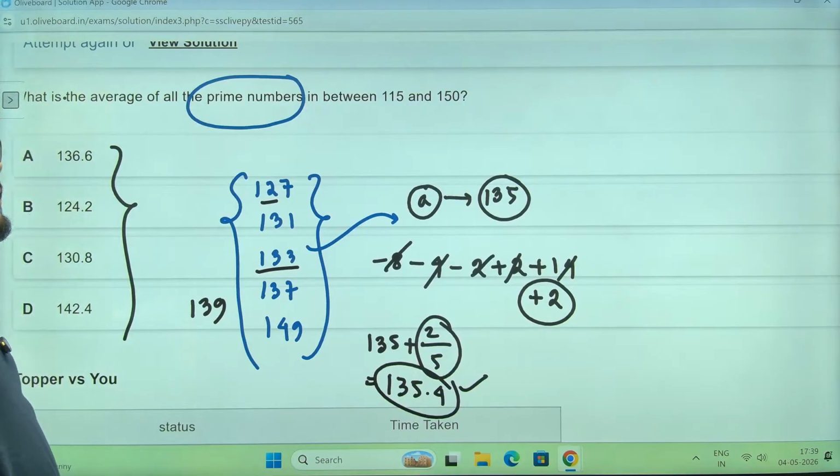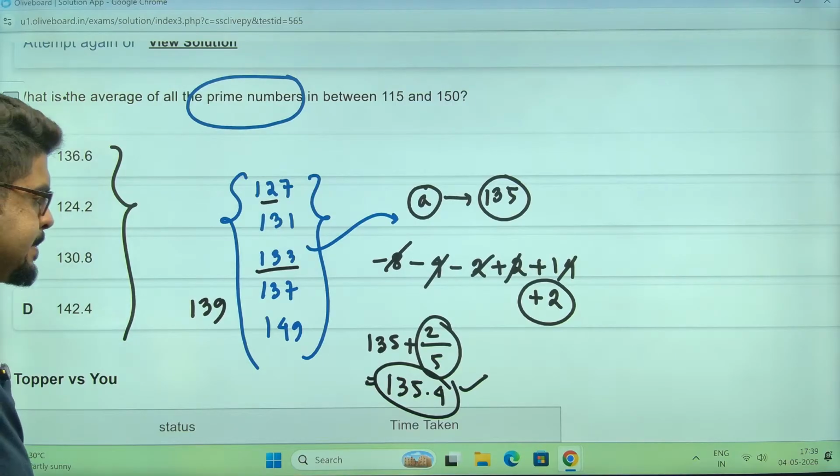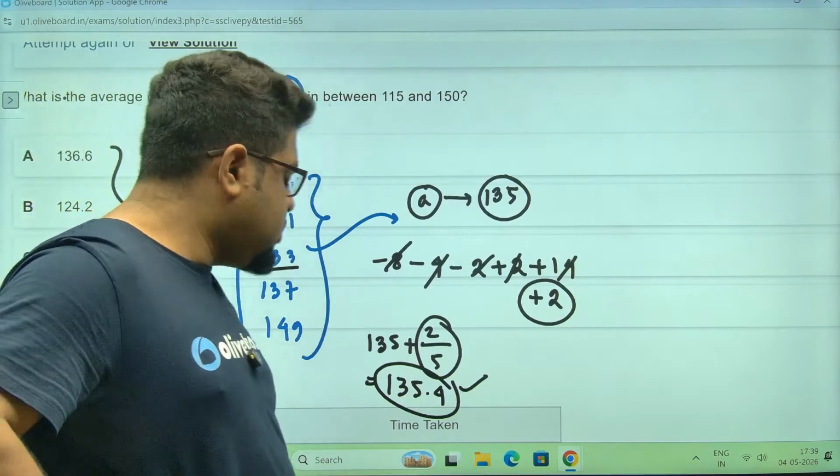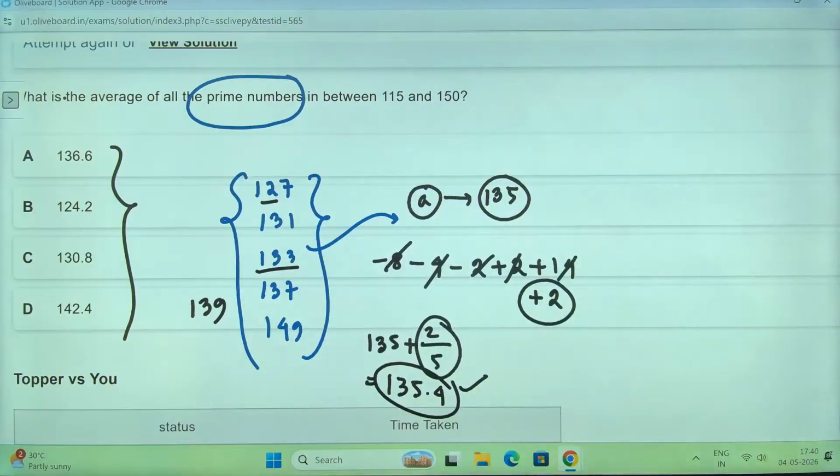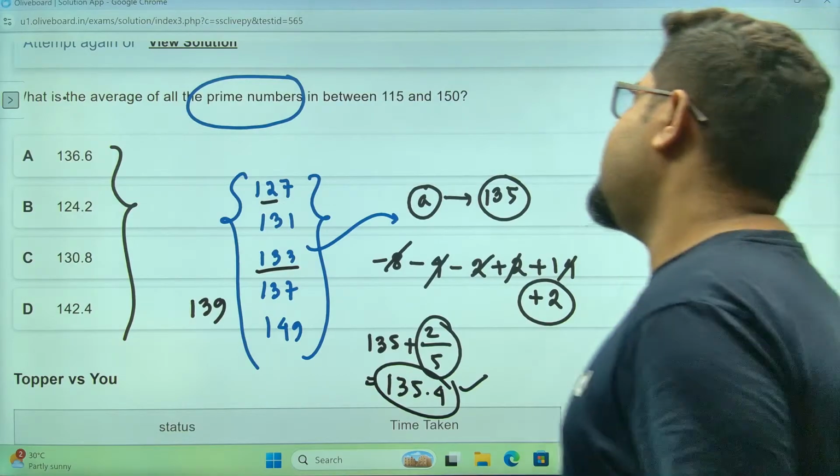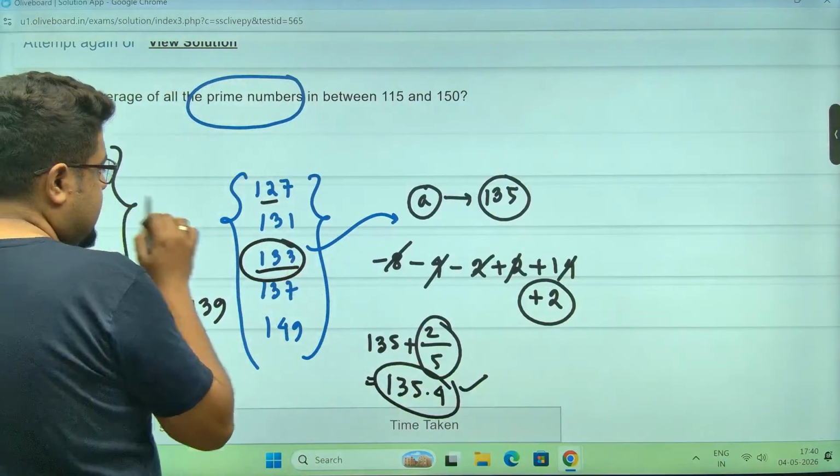One second, let me think. 131, then 135, then 133. 19 sevens are 133.